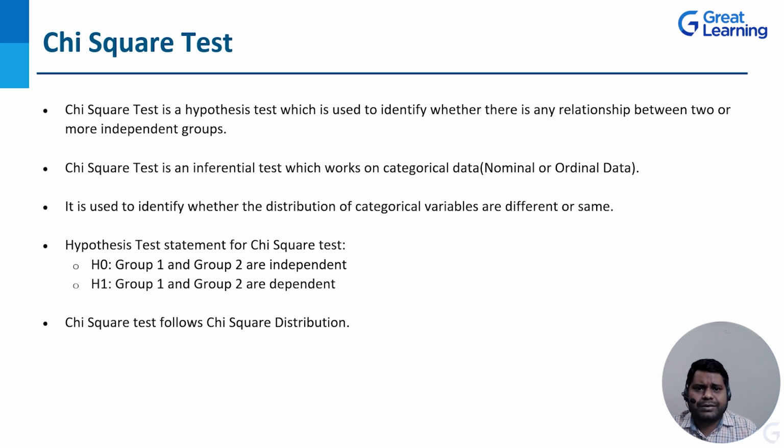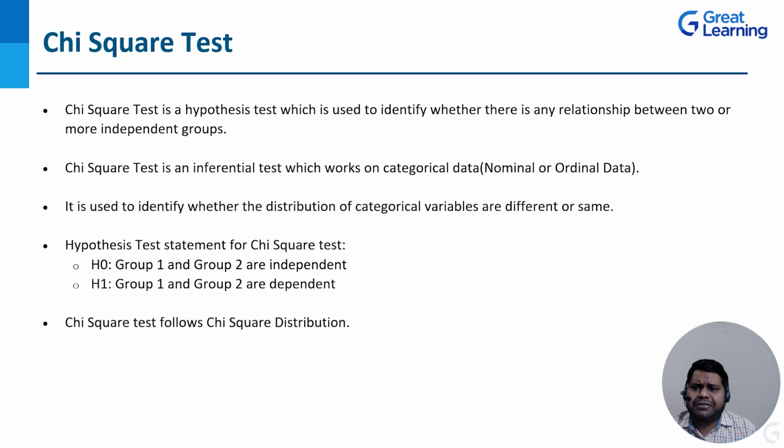With the help of a frequency table or contingency table, we can establish a relationship between two variables. However, sometimes it is not easy to establish a relationship between two variables. In such situations, a statistical test helps us identify whether there is any relationship between the two variables or whether they are independent groups.